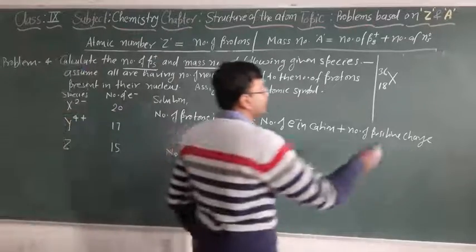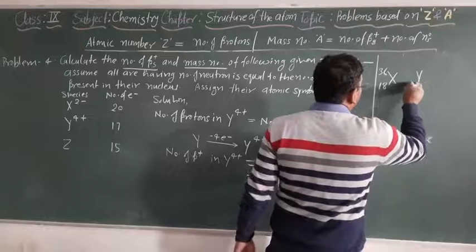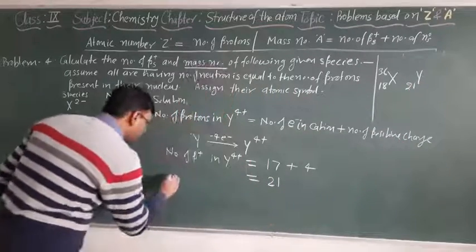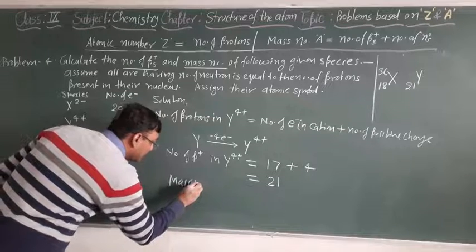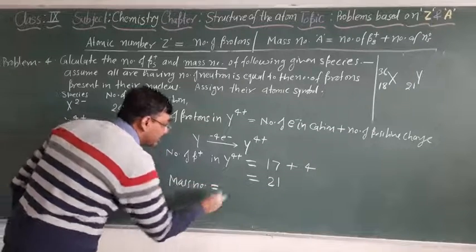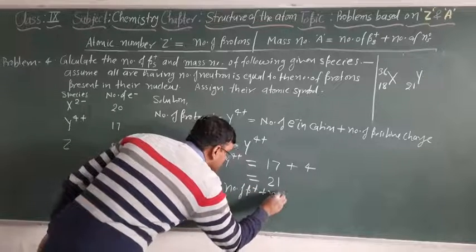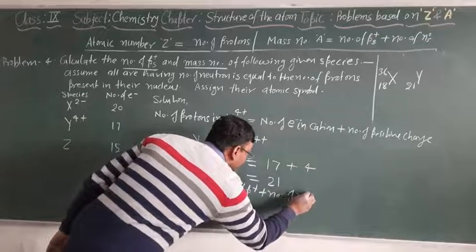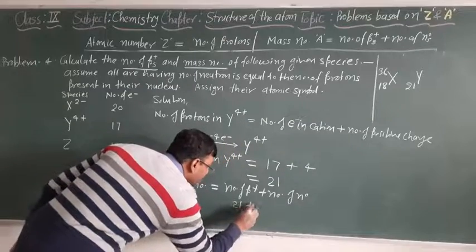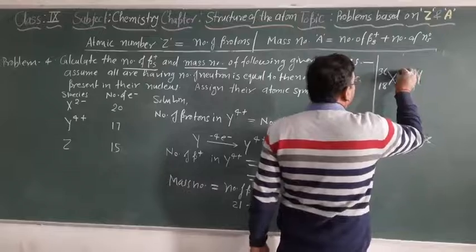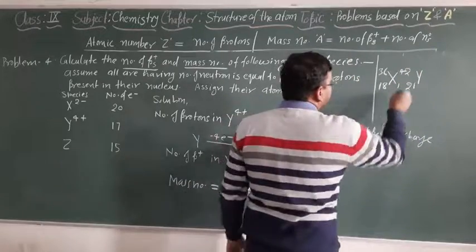So symbol will be Y with 21, and mass number is equal to number of protons plus number of neutrons. So 21 plus 21, we will get 42. Clear?